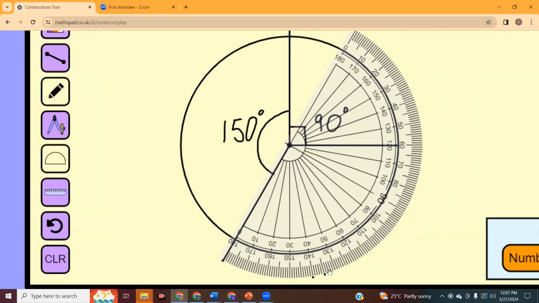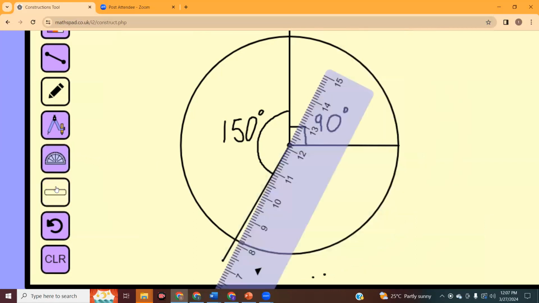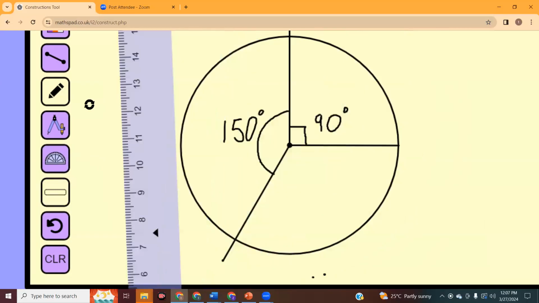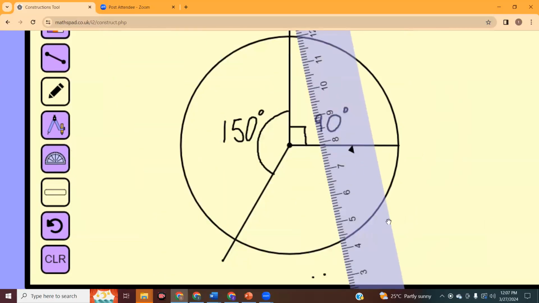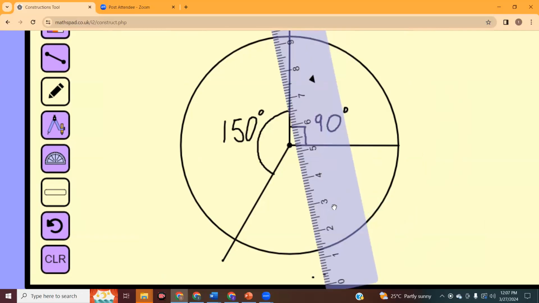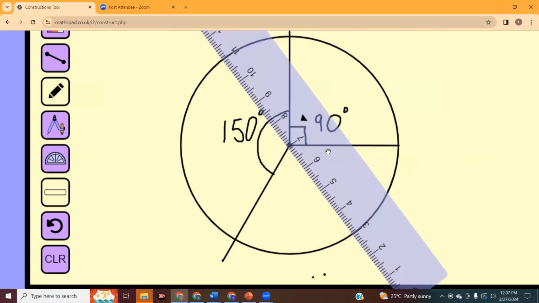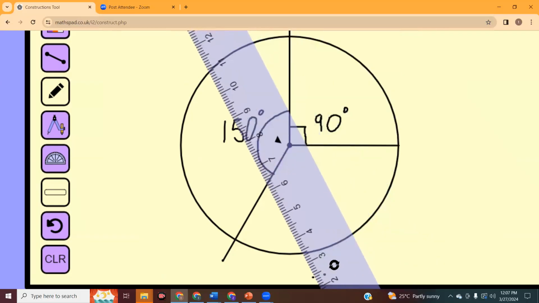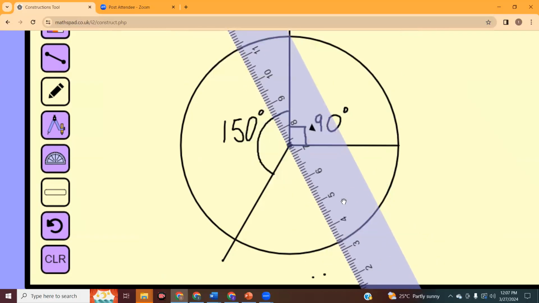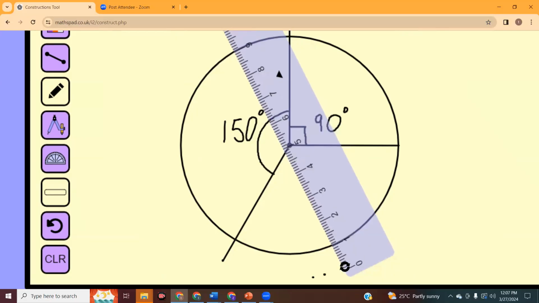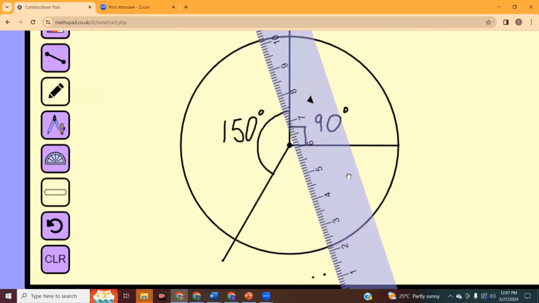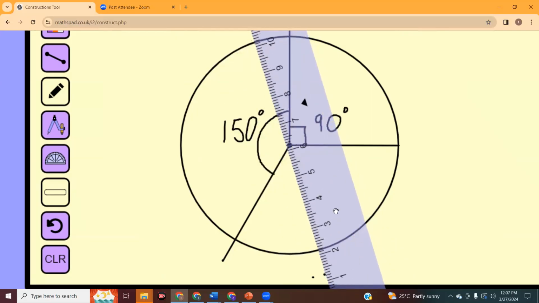And so since this is 45, what we're going to do is get our ruler and draw a line from our center to the point.